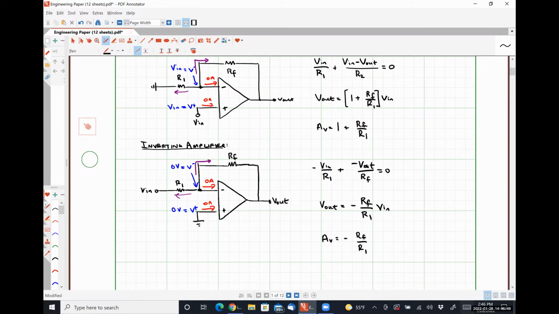So I get an increased functionality because I can both amplify and attenuate signals, make them larger and make them smaller, but it comes at the cost that I'm always going to get an inverted output. So the sign of my output is different than the sign of my input signal.